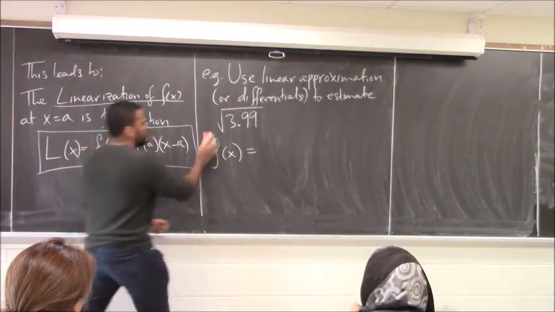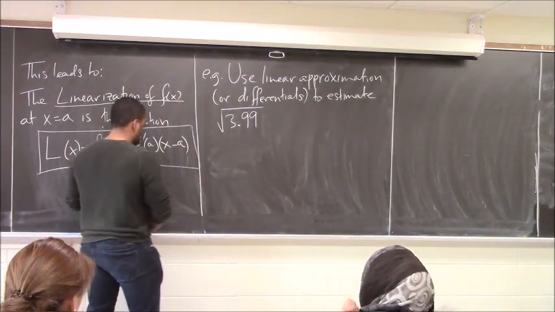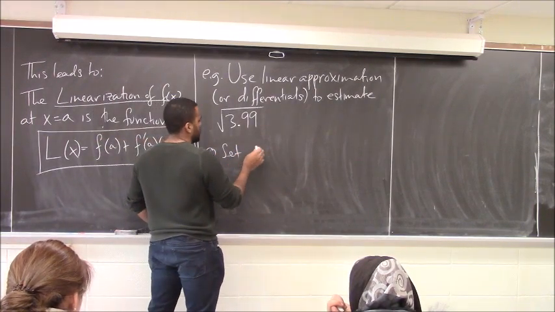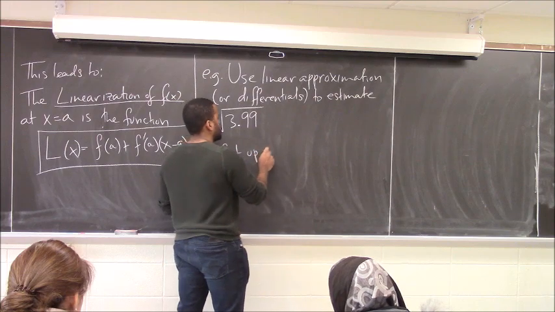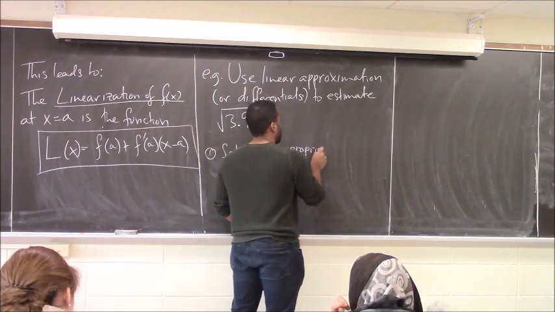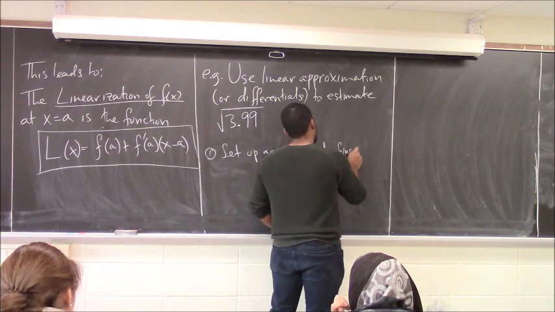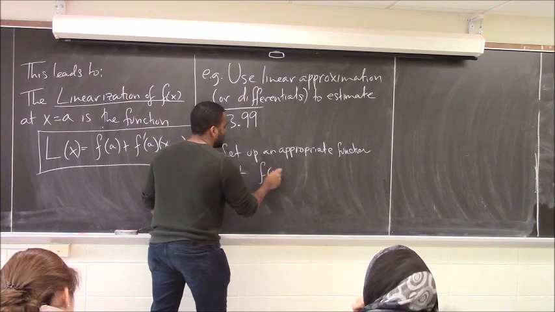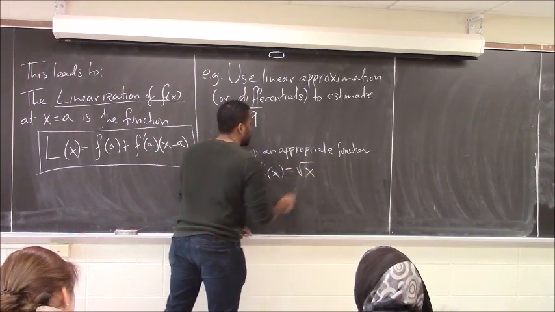So that's what we would do. So you're going to be given a description of something that you want to compute, and step one is you're going to set up a function. So what I would do here is I would set f of x equals the square root of x.